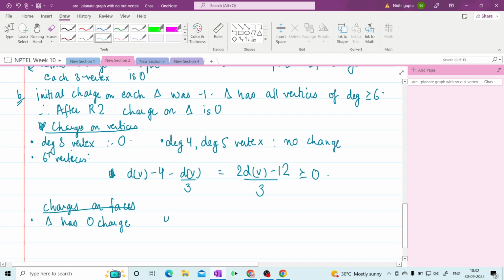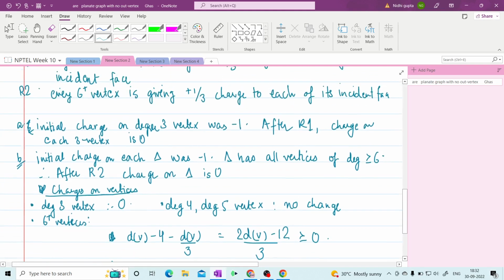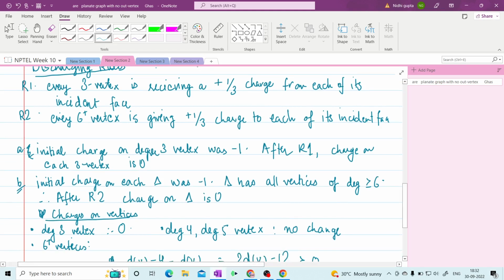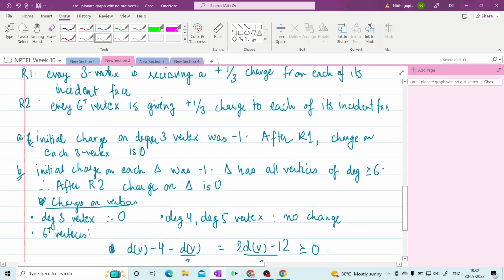Now 4 and 5 faces. Every 3 vertex is receiving a charge from each of its incident face.